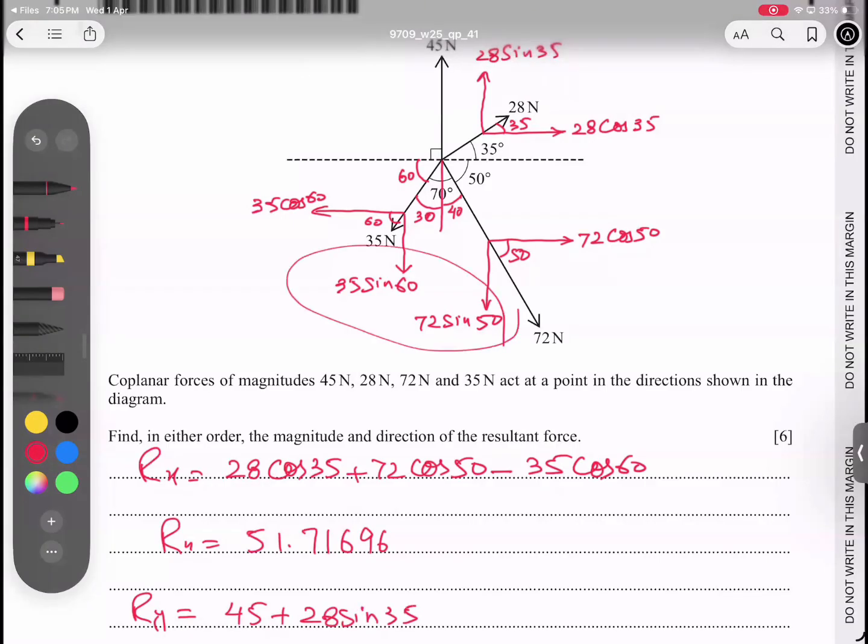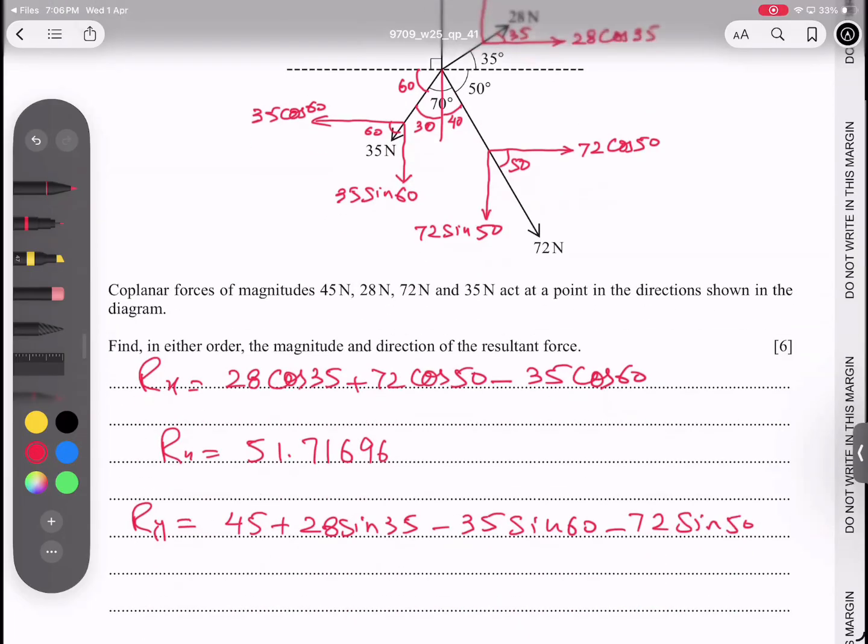Again, these two forces negative because they are acting downwards: 35 sine 60 and negative 72 sine 50. So I'm going to type in the calculator 45 plus 28 times sine 35, minus 35 times sine 60, and minus 72 times sine 50. And if I check in the calculator, Ry I'm getting here is negative 24.4.